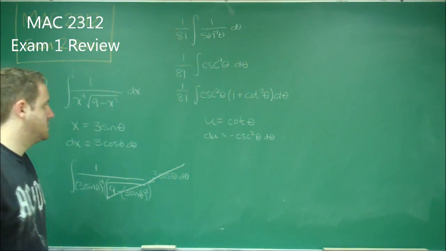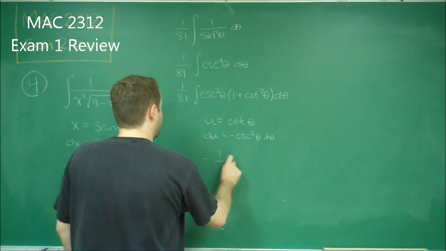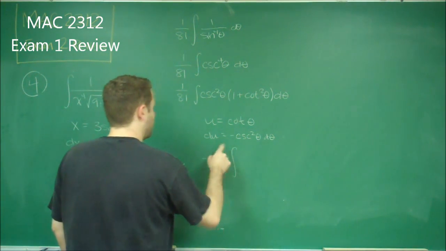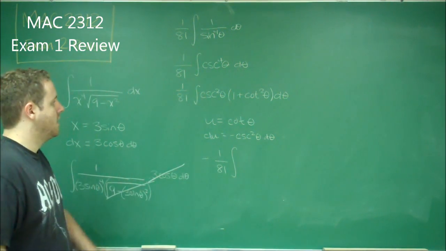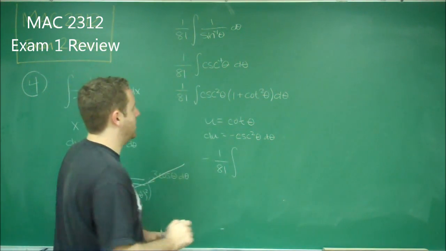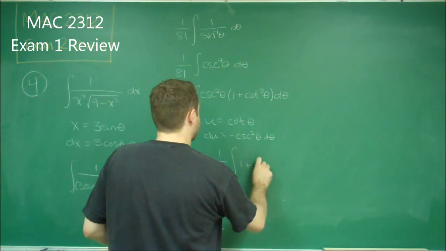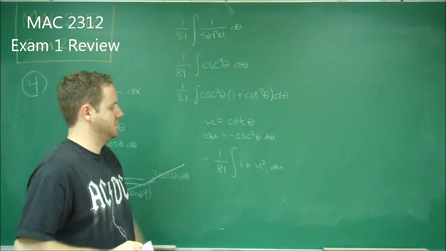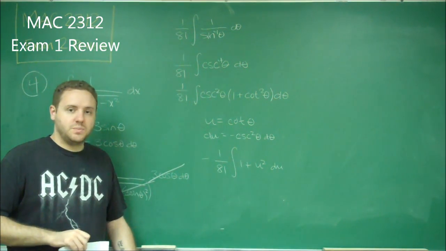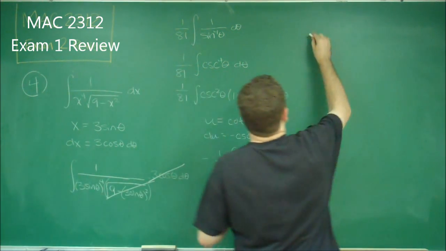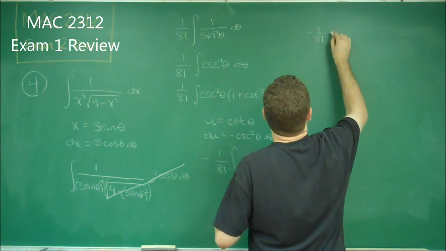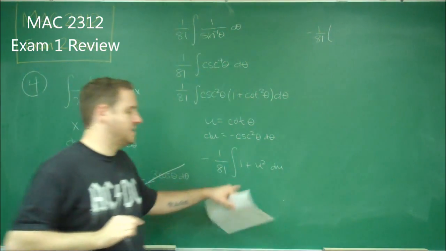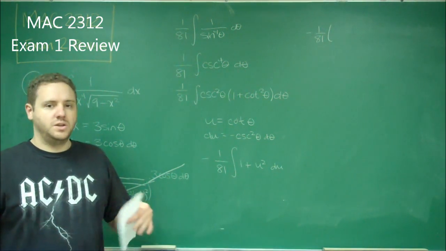So when we plug in our substitutions, what we're going to get is negative 1 over 81, because I'll just put the negative sign in front. The cosecant squareds are going to cancel out, and we're just going to get 1 plus u squared du, because our u was the cotangent theta. Well, this is a pretty simple integral now. So we have negative 1 over 81 times, the antiderivatives here are just u and u cubed over 3.